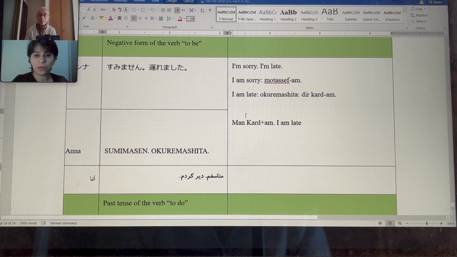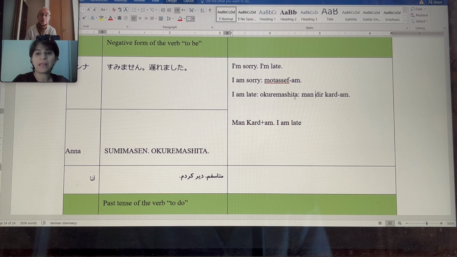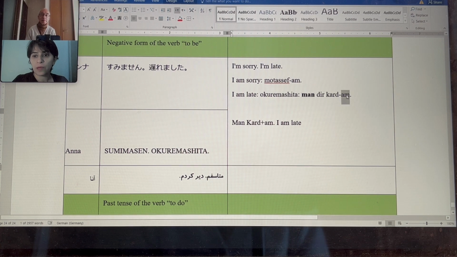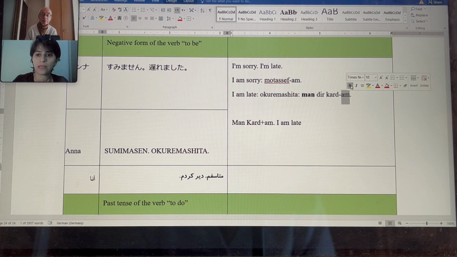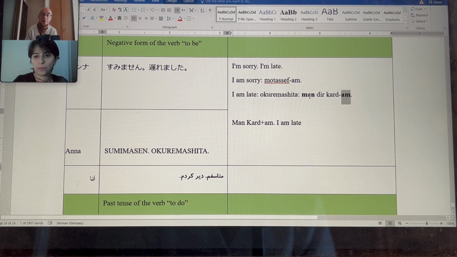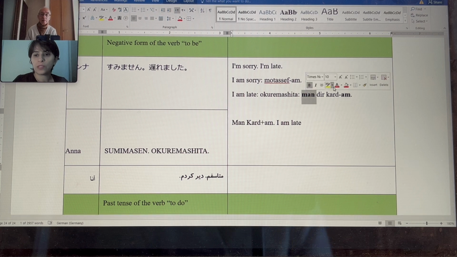Okay. For "I'm late", man dir kardam. Basically, the personal suffix used at the end of the verb is equal to the personal pronoun, so it's not necessary to mention it all the time.